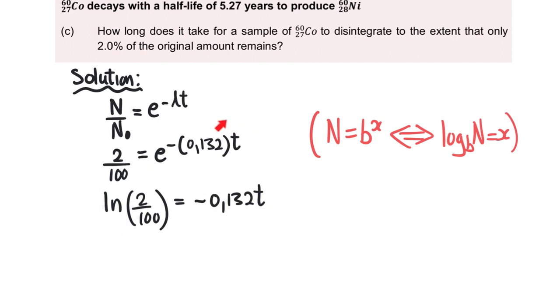Then in order to do that, the exponent is the logarithm, is negative 0.132t. So what we've done now by using this, we have brought the t, which was in the exponent of this power, downstairs, so that now t is downstairs, and so we can now easily solve for t.